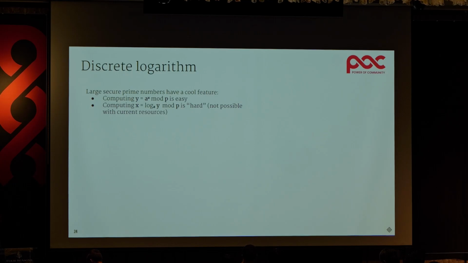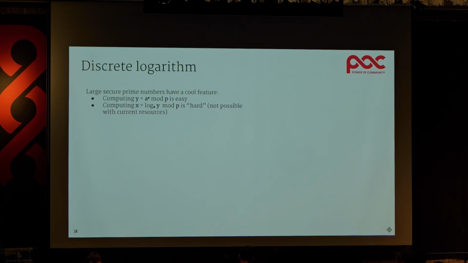If you exponentiate an element into some random value modulo this secure prime, then you get an element, and it's very easy to perform this operation. But if you're given the generator and the element y, then finding the logarithm is extremely hard.